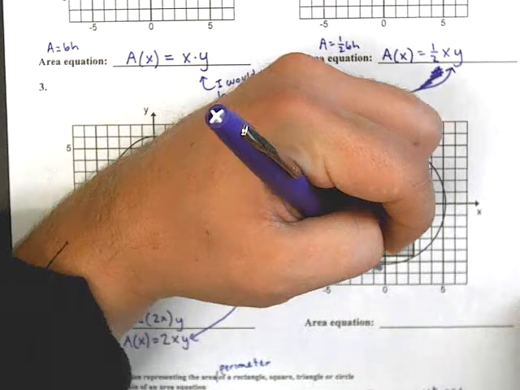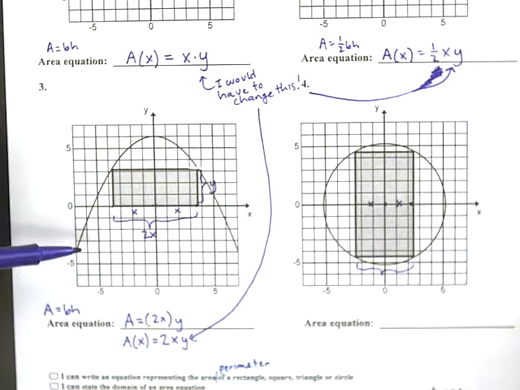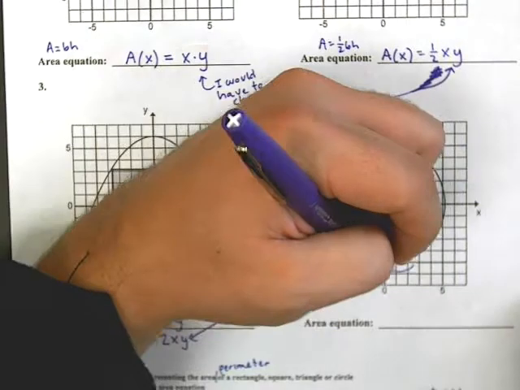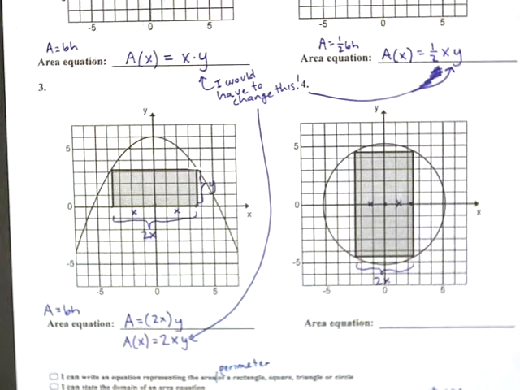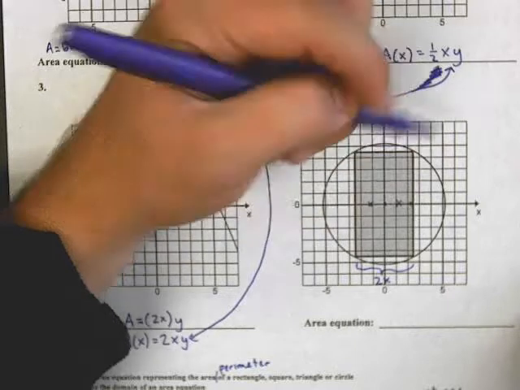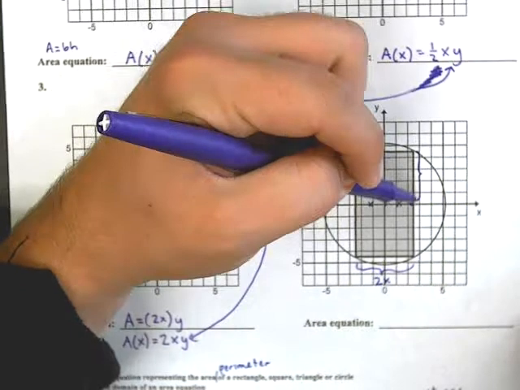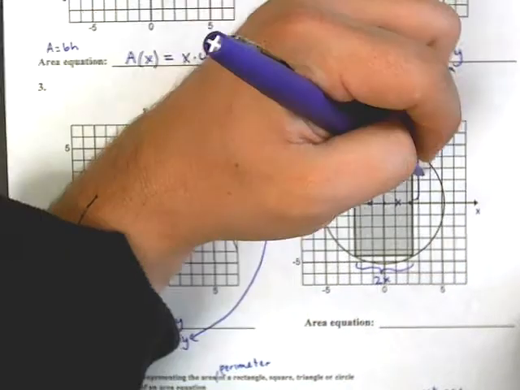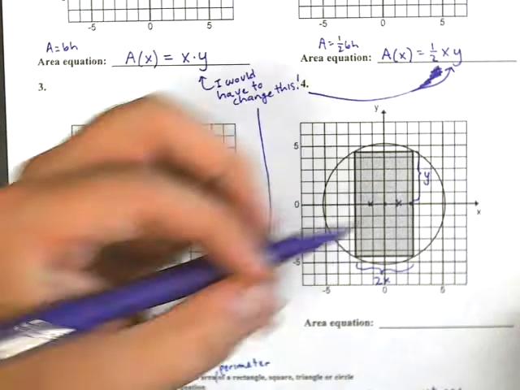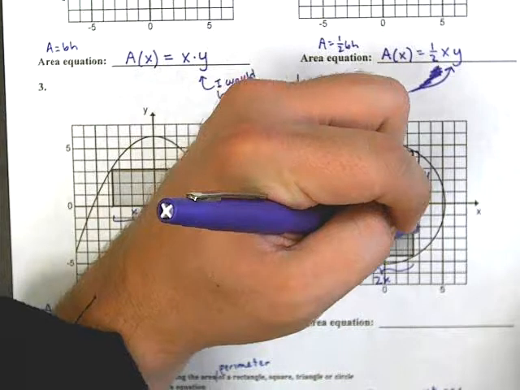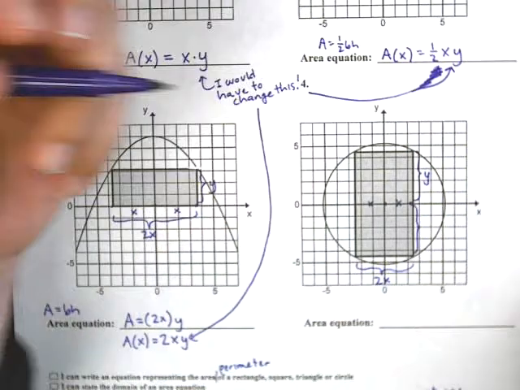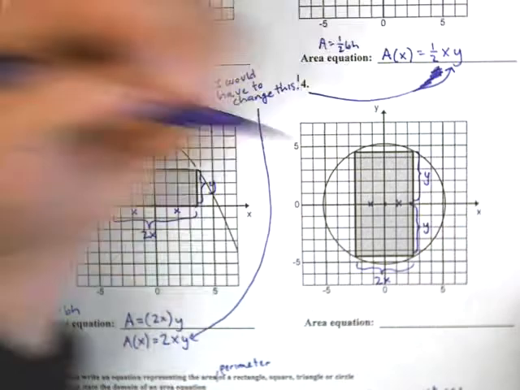So my base, just like in number 3, is 2x. With the y's, going up on the positive side of the x-axis would be 1y, and on the negative side of the x-axis would be another y.